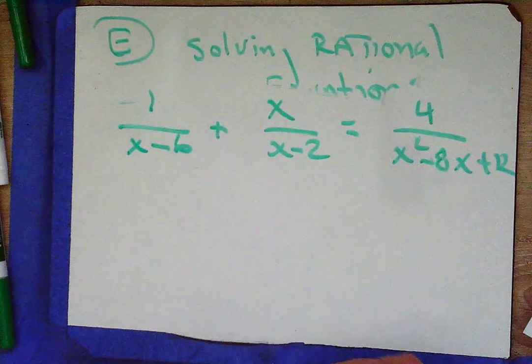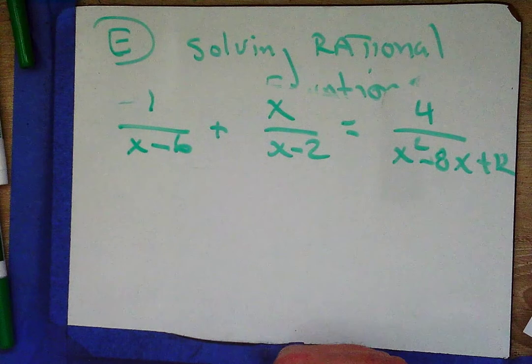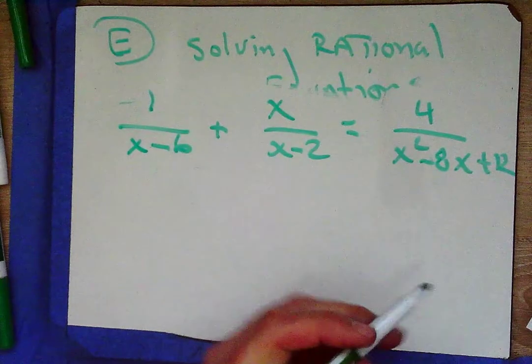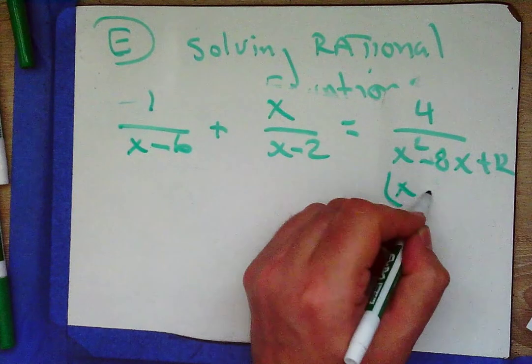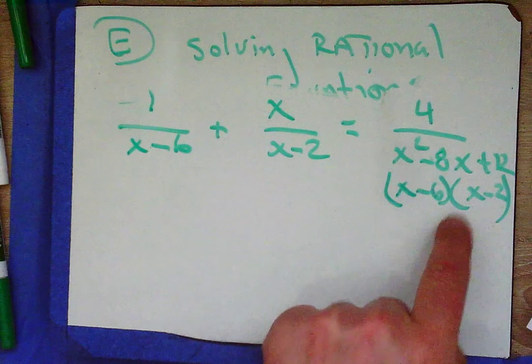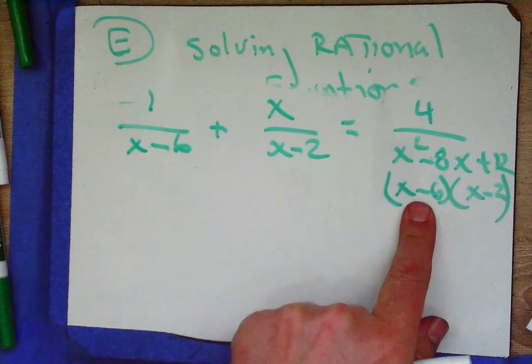Okay, remember, we need to use the least common denominator. It's not going to be this times this times this. Notice this factors as x minus 6, x minus 2. That's the common denominator. See, there's an x minus 2. See, there's an x minus 6.